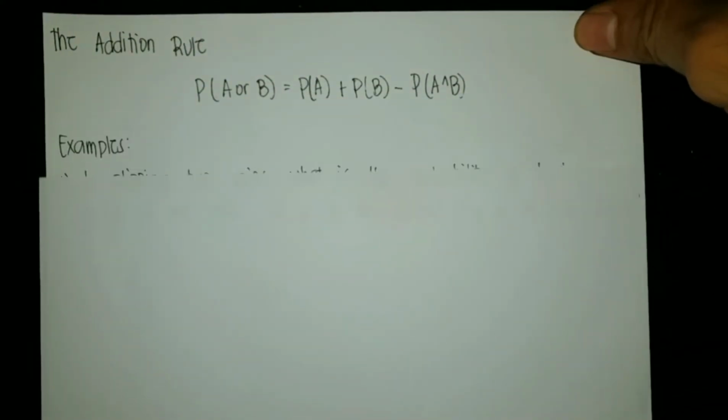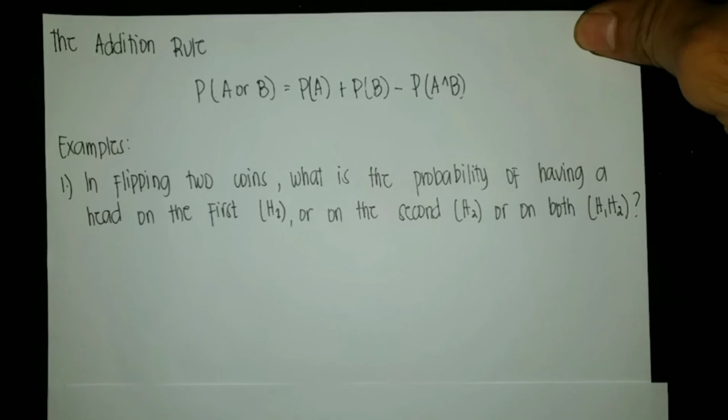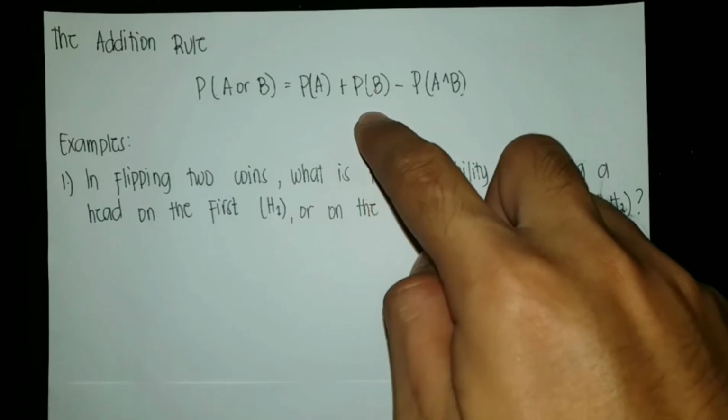For example, in flipping two coins, what is the probability of having a head on the first, or on the second, or on both? To get the answer, we use the addition rule.